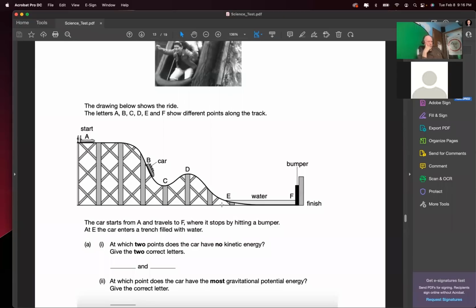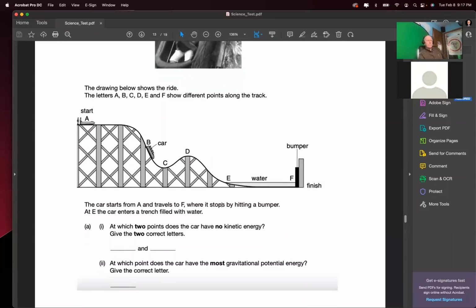At what point does the car have the most gravitational potential energy? That would be A. That's point A. You're doing great, man. At what point does the car have some kinetic energy and the least gravitational potential energy?